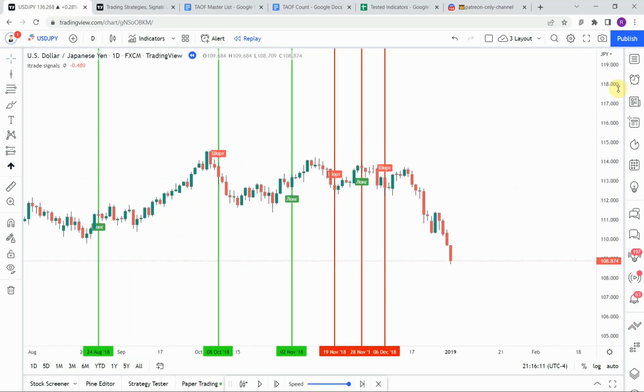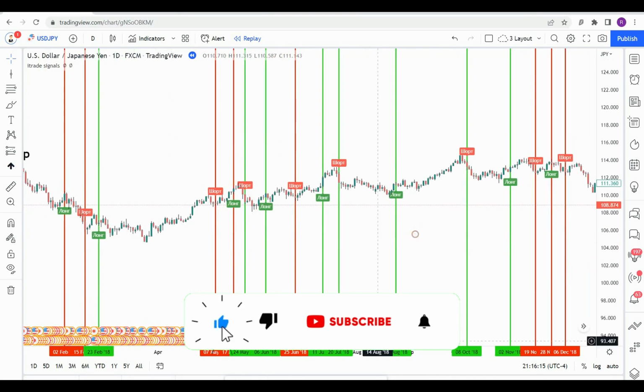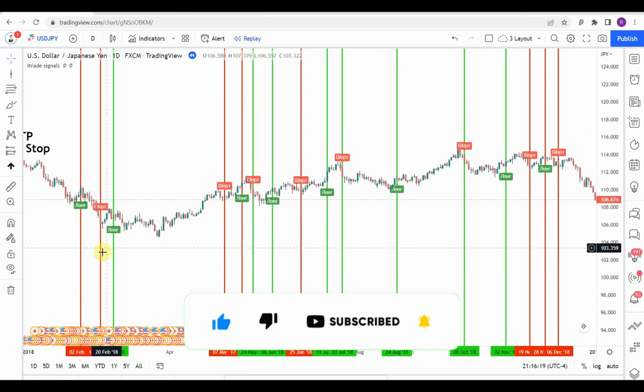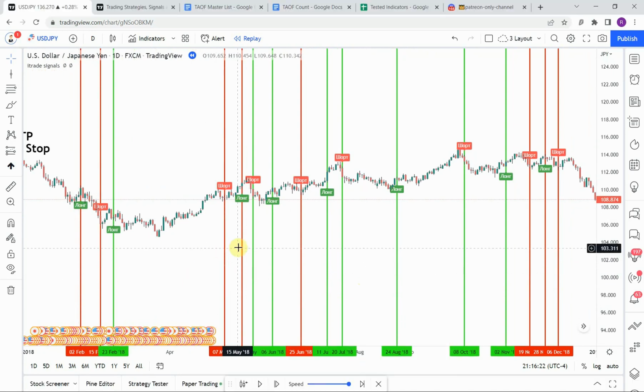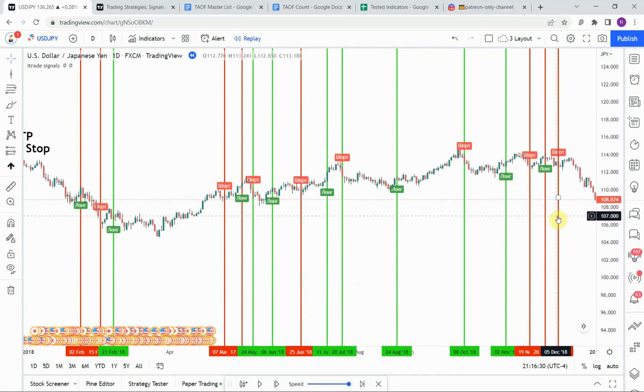All right, so let's go ahead and take a look at our indicator here. Let's get everything in focus. There and there. Now let's go ahead and count it out, see what we have. So 1, 2, 3, 4, 5, 6, 7, 8, 9, 10, 11, 12, 13, 14, 15, and 16.